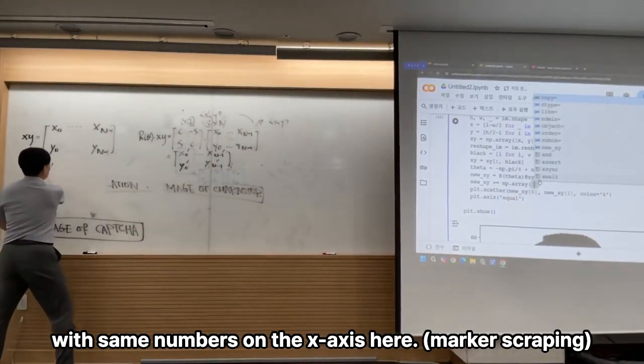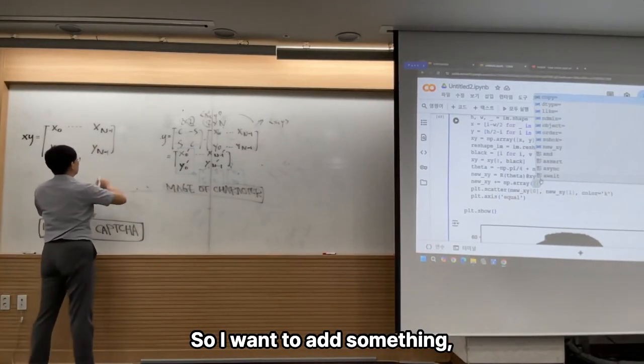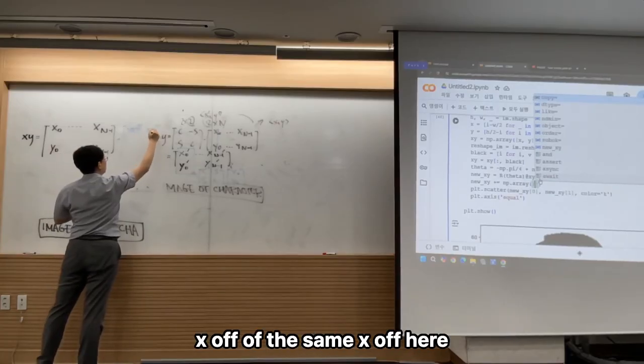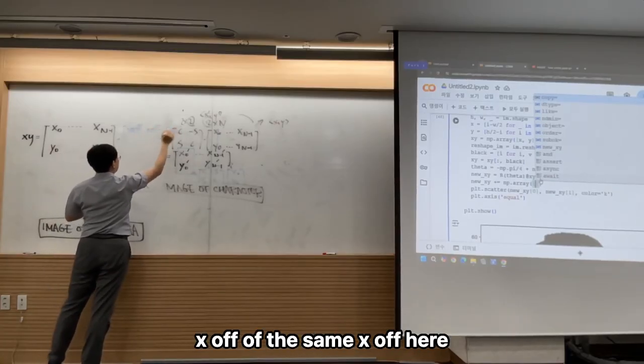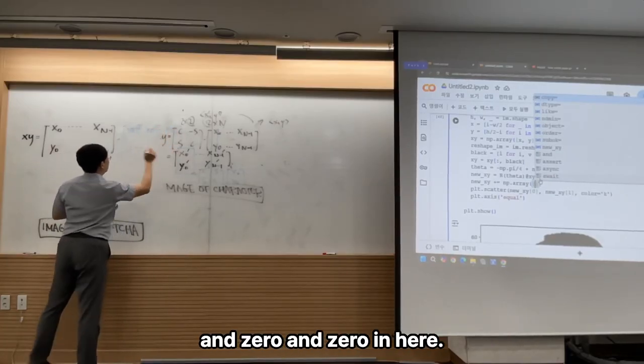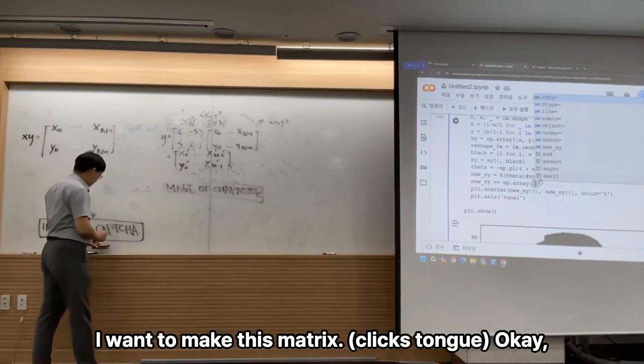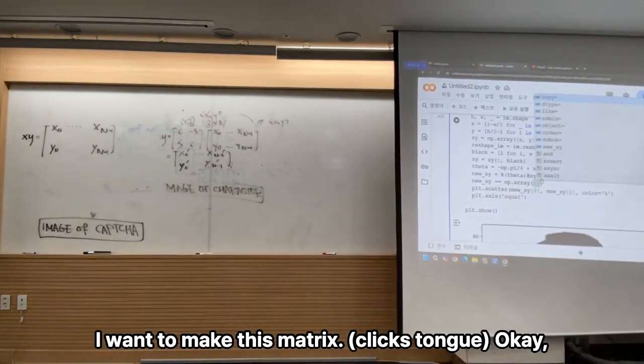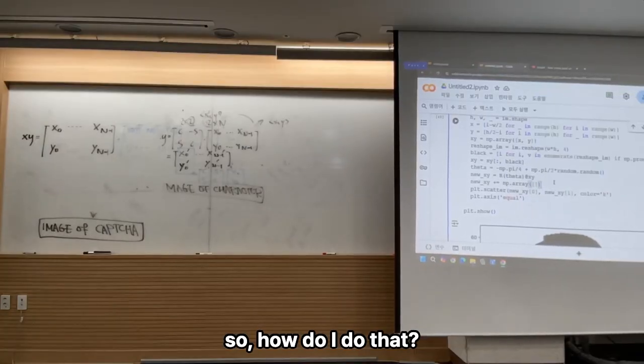Here, I want to add a certain amount, let's say x off here, the same x off here, and 0 and 0 in here. So I want to make this matrix. Okay, so how do I do that?